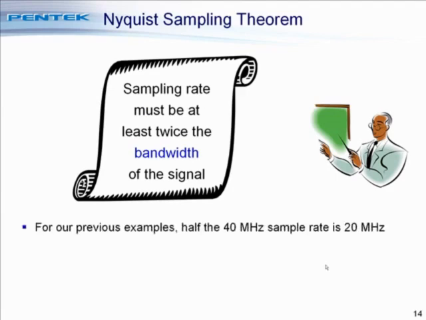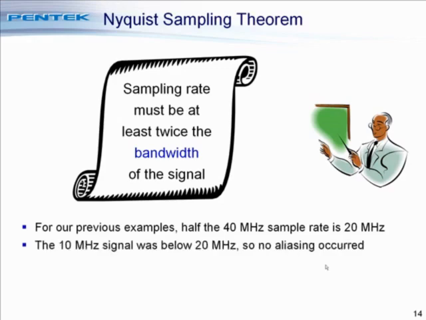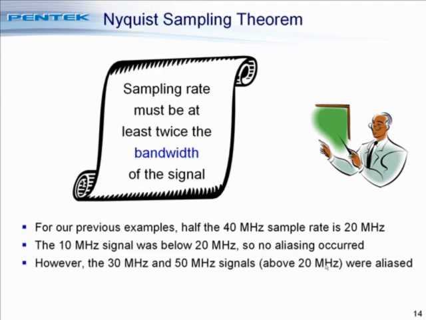In our previous examples, half of the 40 megahertz sampling rate that we used as an example is 20 megahertz. The 10 megahertz signal was below that 20 megahertz limit, so no aliasing occurred. However, the 30 megahertz and the 50 megahertz signals we tried were above the half sample rate, or above 20 megahertz, and they were aliased.